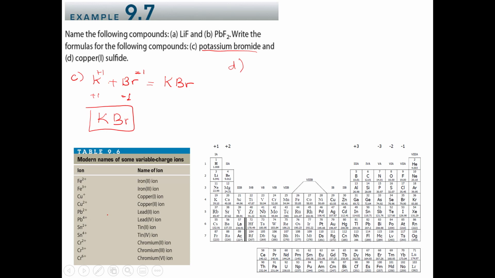Let's try to write the equation: we have copper, and we know it's +1 because the name is telling us it's 1, plus sulfide. Sulfide is here in group 6, and sulfide is -2. Yes, it's in group 6, and this is why it's -2. And we need to write here -2.